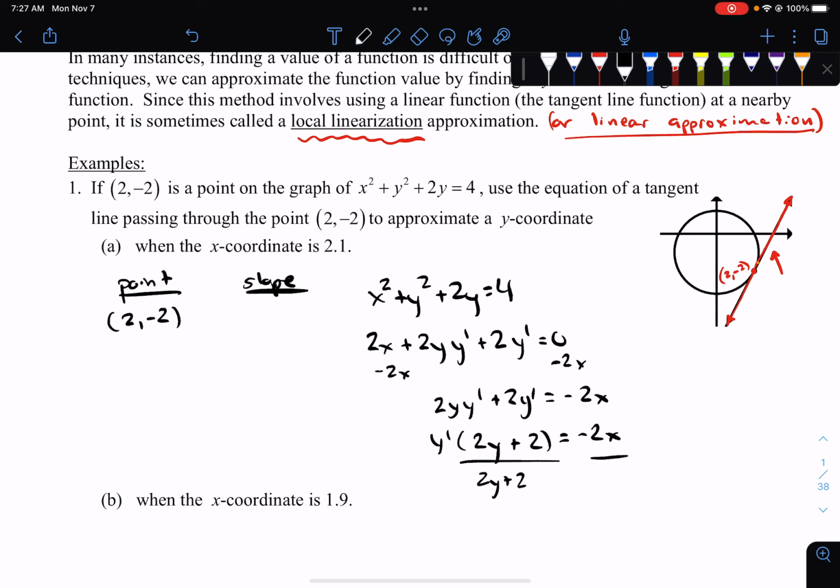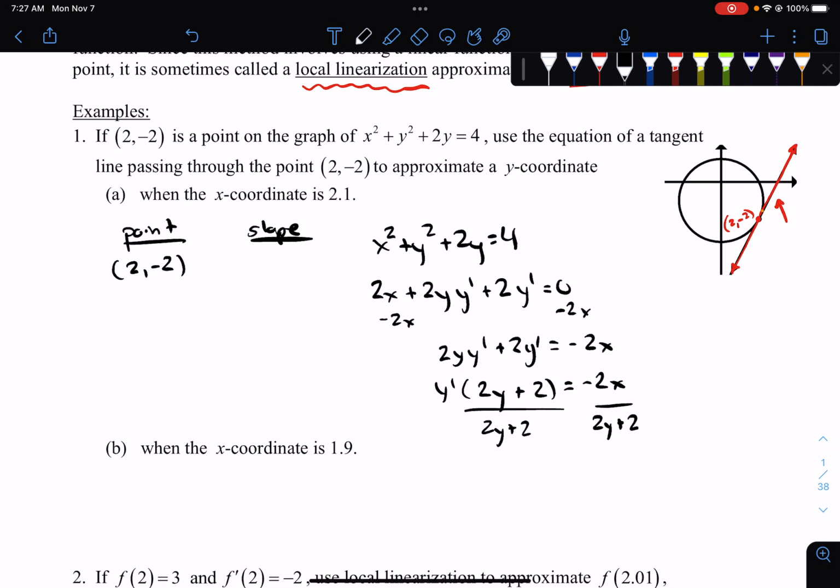And I know I'm going fast. That's why you have a pause button, so you can pause and copy things down when you need to, right? So y prime equals, on this side, those 2's all cancel. I have 2's on top and 2's on bottom, so I'm going to put -x on top, and then y plus 1 on the bottom.